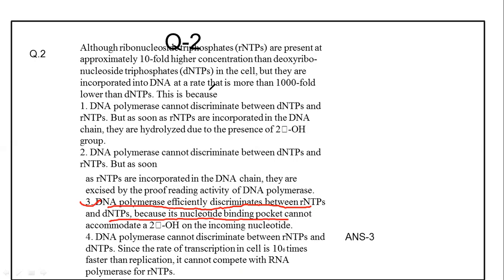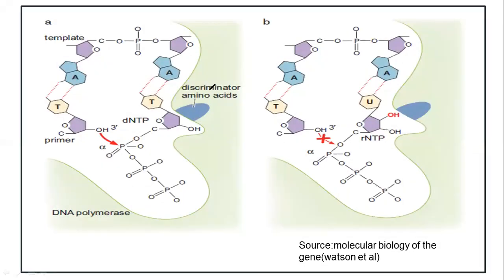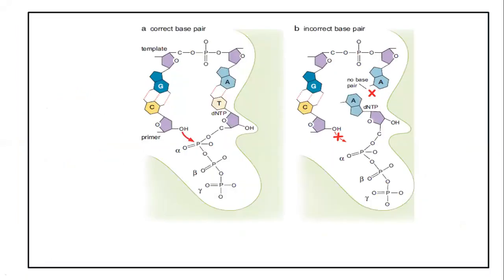Now, next question. DNA polymerase is also able to discriminate between correct and incorrect bases, right?